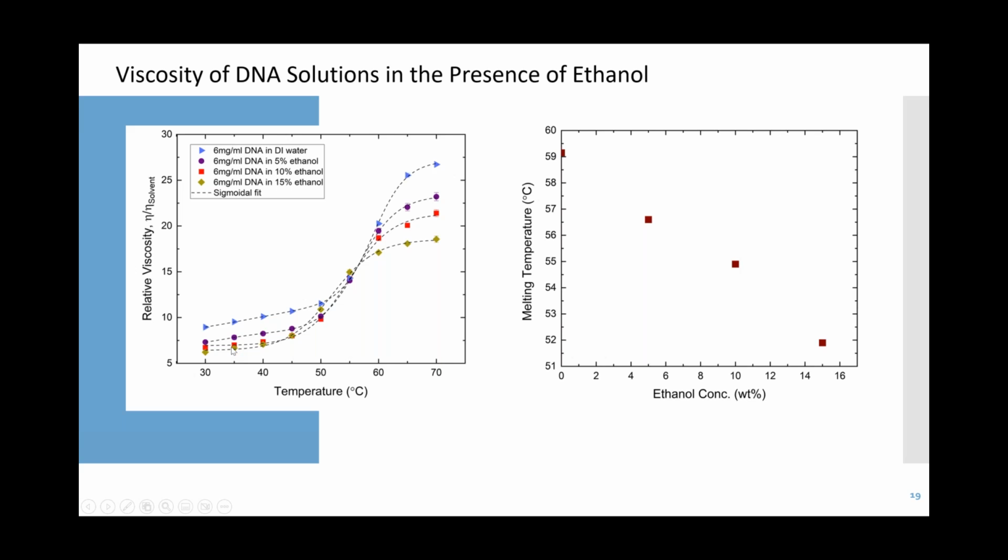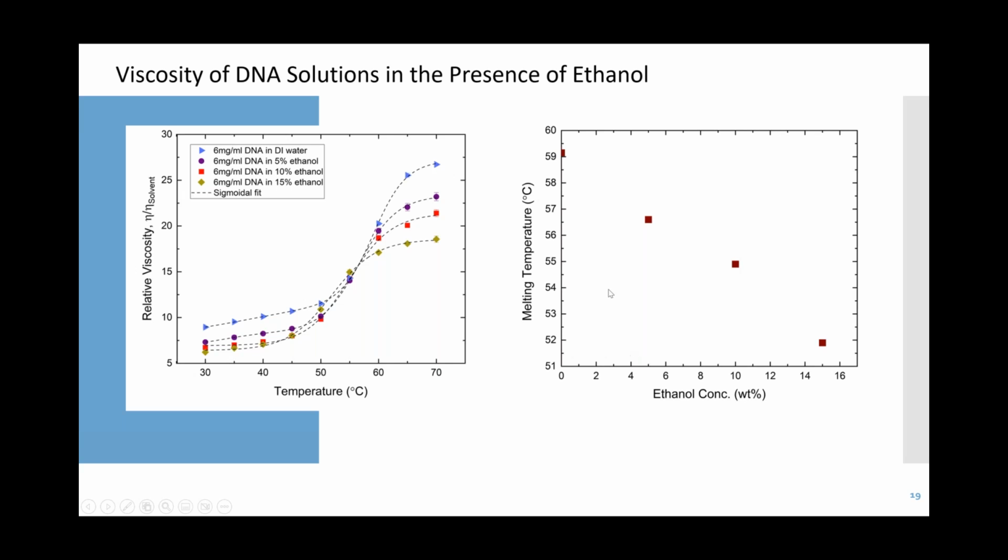It is clear from the plot on the left that the viscosity decreases with increasing concentration of ethanol. As seen, there is a sharp increase in viscosity between around 50 to 60 degrees C for all samples, which is because of DNA melting or denaturation. Again, we use sigmoidal fits to determine the melting temperature. The plot on the right shows melting temperature as a function of concentration of ethanol.